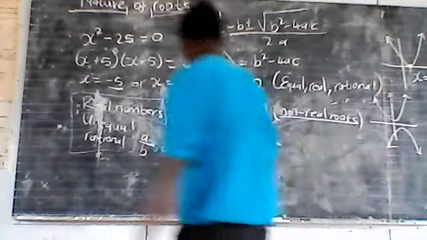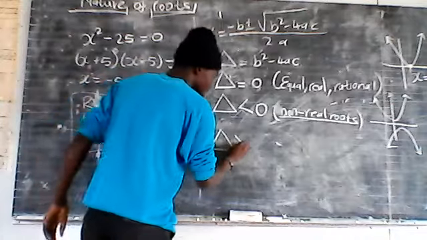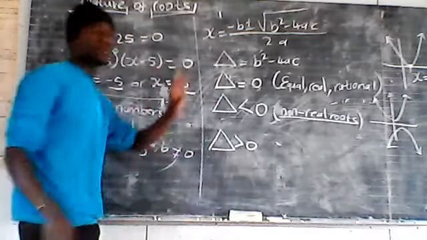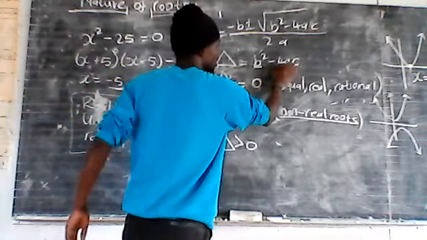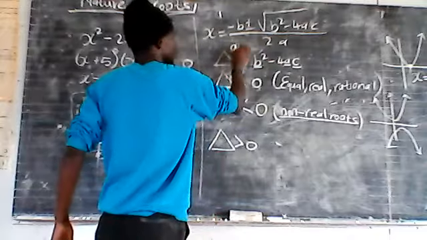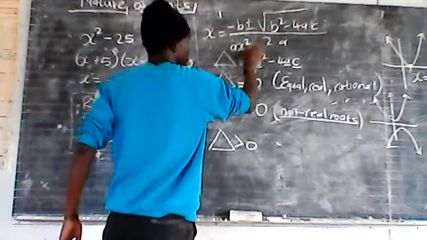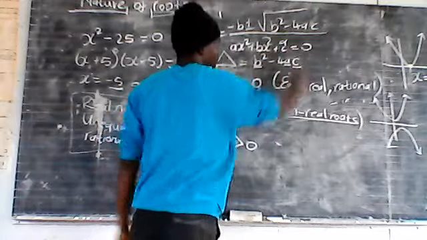Coming to the third one, when your discriminant is actually greater than 0. Remember, we said for your discriminant, you have to identify what your a is, what your b is, what your c is. So it will always be that equation in that form, ax squared plus bx plus c equals 0.